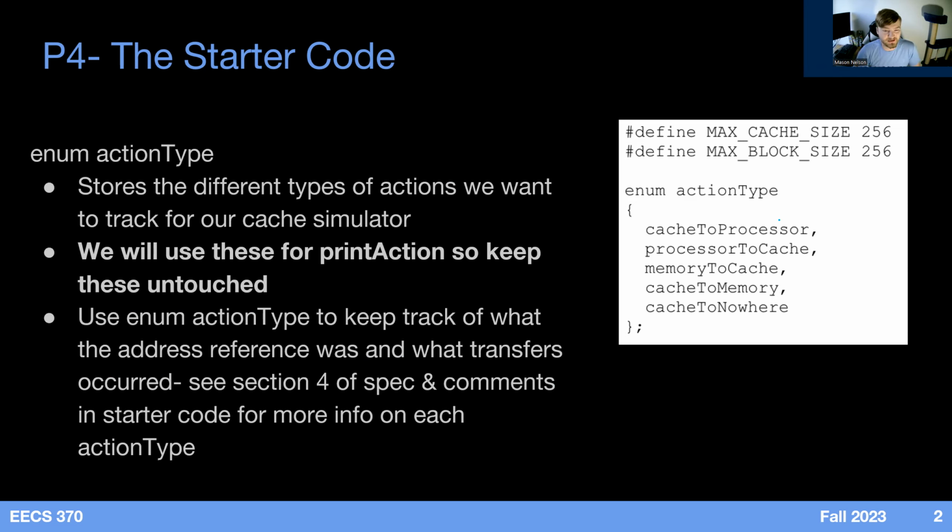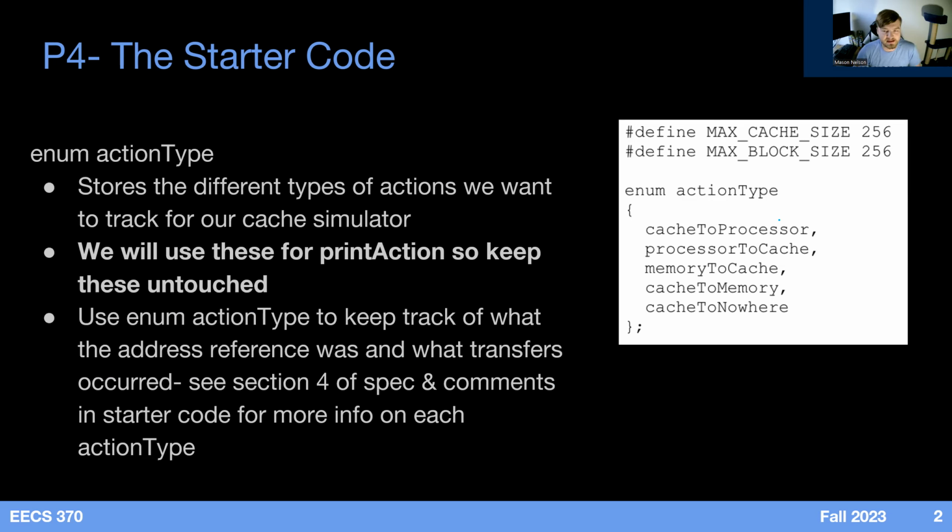In this project, we're not going to actually check your cache contents. We're just going to check the messages passed in between the cache and the processor and memory. And so there are multiple ways to configure your cache, but we'll go through what we've provided so far.